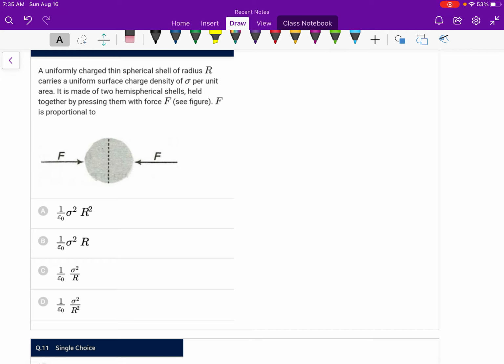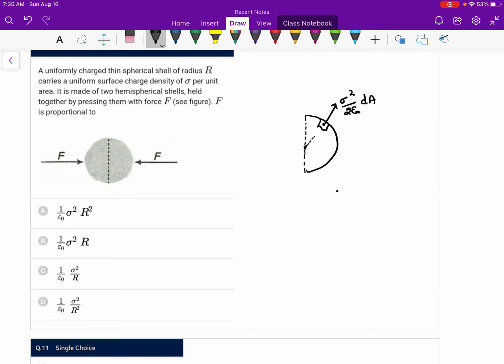The force is proportional to... this question was previously asked in JEE Advanced. In this question we need to go by electrostatic pressure. On the right half, the force due to electrostatic repulsion on a small element is given by the electrostatic pressure, sigma squared upon 2 epsilon naught, into dA.